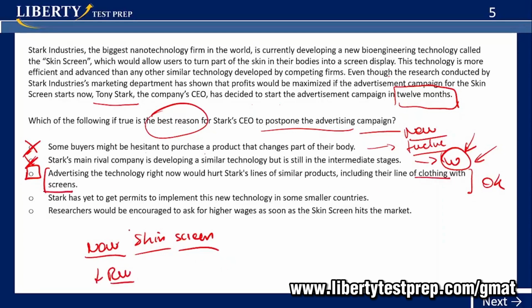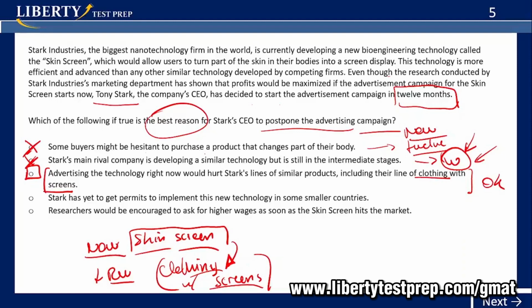Once you release this new product, it's gonna substitute the other product that you're also selling, clothing with screens, that right now is hot, that right now is selling good. So you don't want to interrupt the sales of that product. That would be a reason why you would need to wait 12 months.